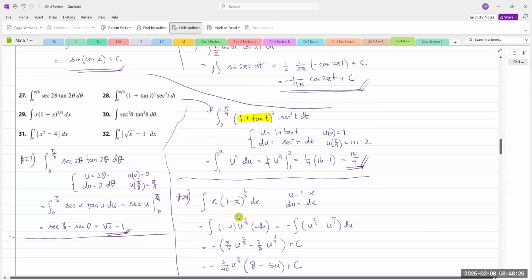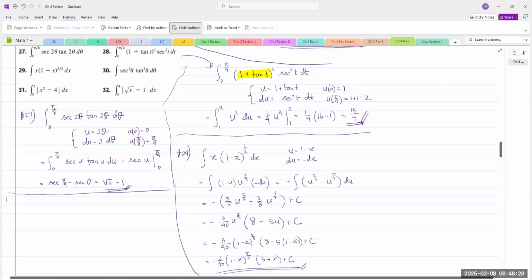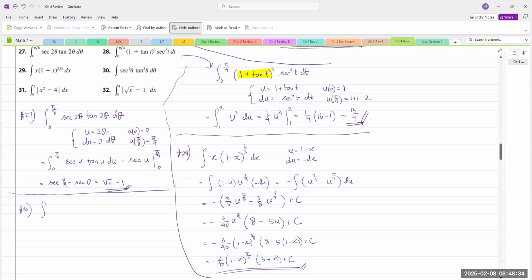Let's see, number 30, integral of secant squared tangent cubed. We actually will see this again in Calc 2, but we can do that already right now. The issue is which one we use. Do we substitute the secant or do we substitute the tangent?